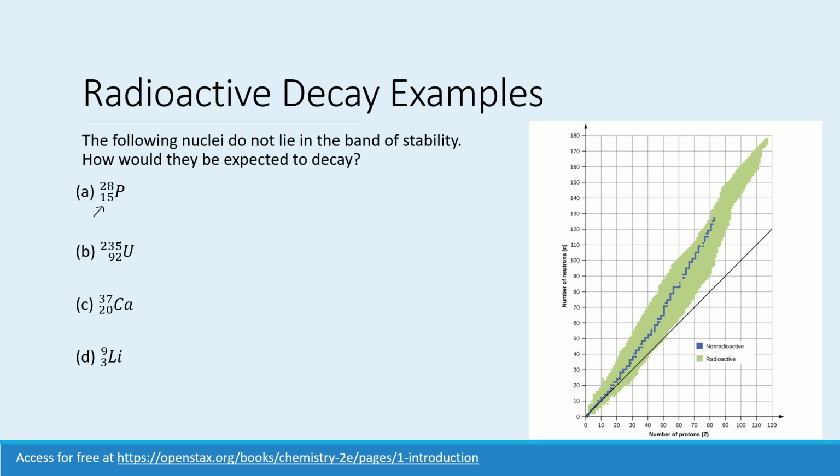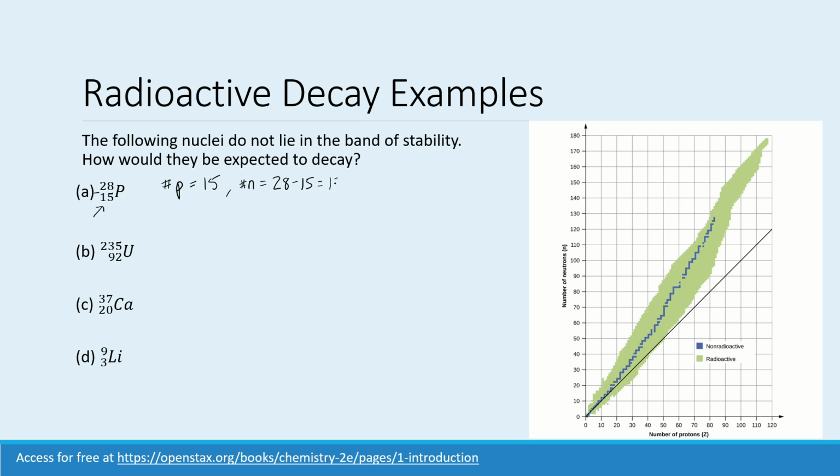I need to determine the number of protons and the number of neutrons. The number of protons is given in that bottom corner, 15, that's our atomic number. And the number of neutrons will be equal to the top number, the mass, minus the number of protons.